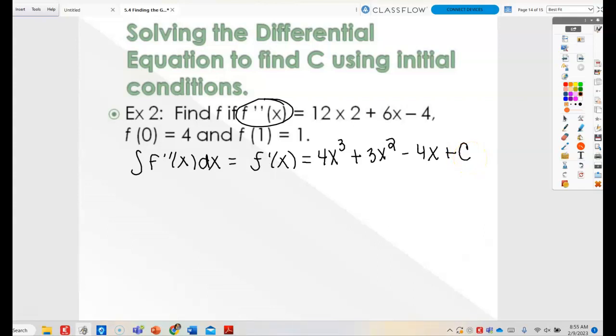But that is f prime. I need f of x. So I need to integrate again.